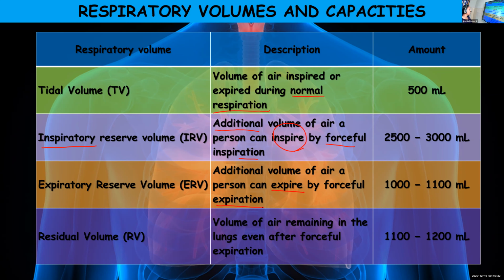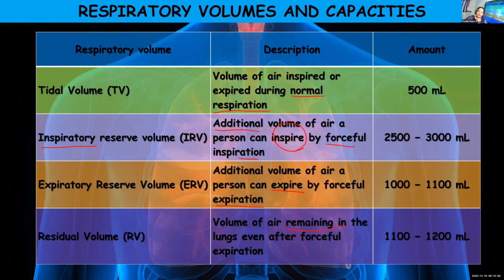Then residual volume, residue, something which is left behind. Residual volume is the volume of air remaining in the lungs even after forceful expiration. You exhale, not normal expiration, forcefully you're trying to breathe out. Still some volume of air will be there in the lungs. Lungs will not collapse completely.